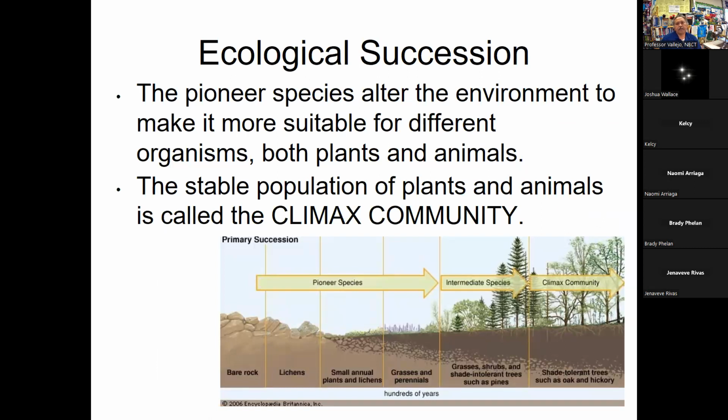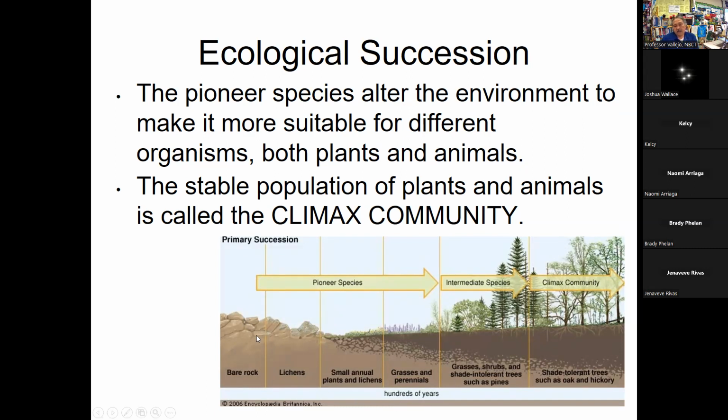Then what happens is, as the pioneer species go through their life cycle, they alter the immediate environment to a point where it becomes more suitable for a different mix of organisms, a different mix of plants, and then the animals are attracted to certain plants. So this happens for a long, long time. As you can see from the bottom of the graphic, it could happen for hundreds and hundreds of years.